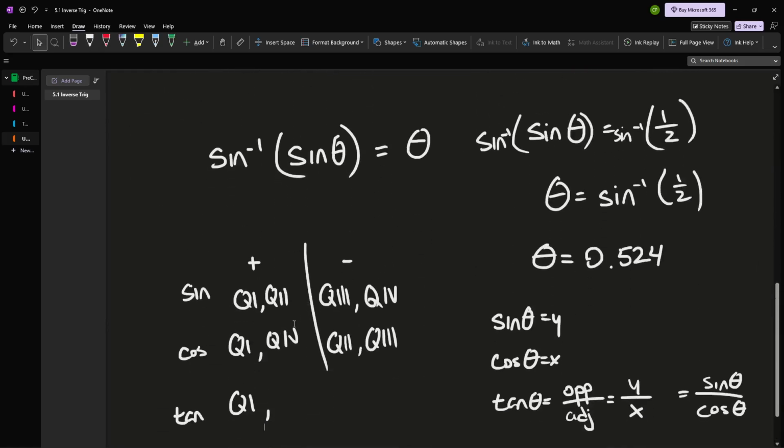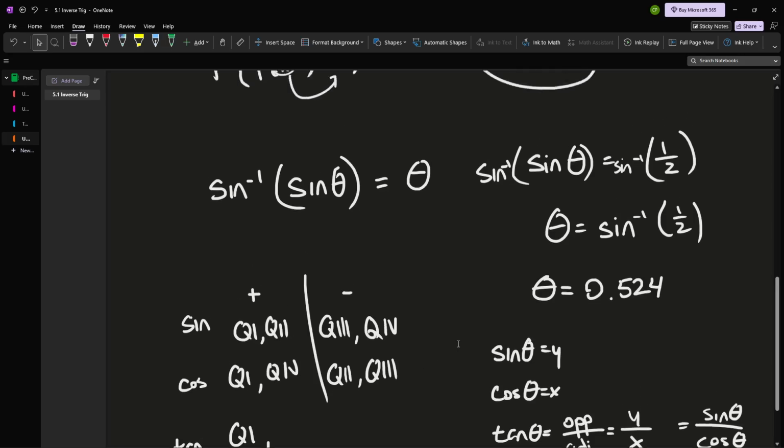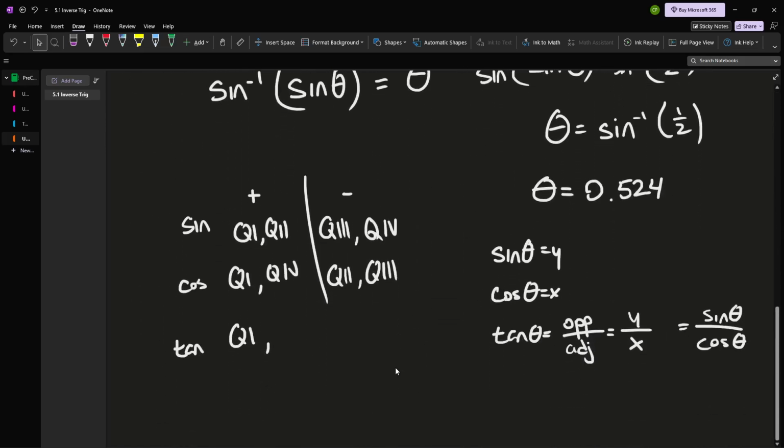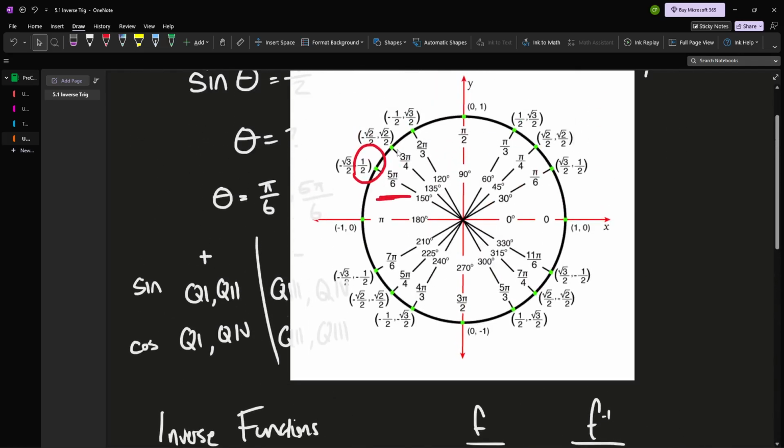You can also see a pattern here. If sine is positive at 2, cosine is positive at 4, 3 is not touched, so 3 is actually where tangent is positive. But let's prove that. At quadrant 3, we have a negative and a negative. So negative y divided by negative x gives me positive y over x. The negatives cancel out. Whereas it's negative when you have 1.